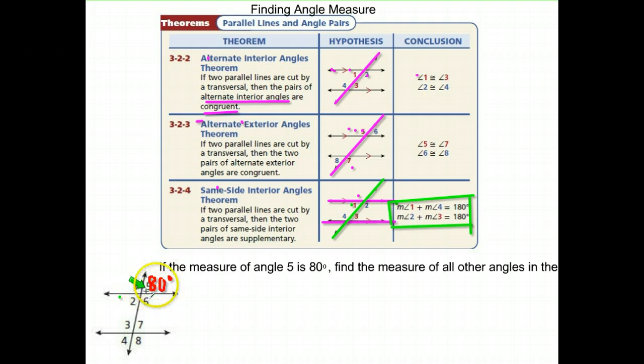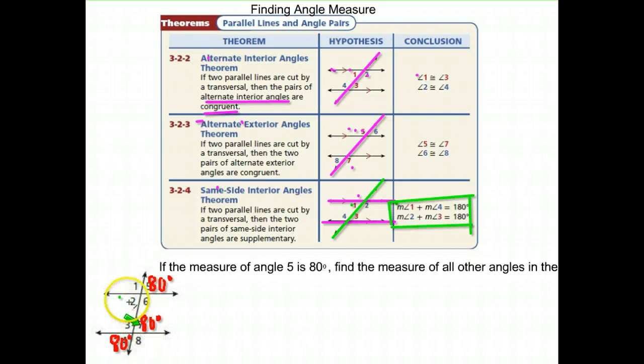Notice this 80-degree angle up here. It should be congruent to this angle down here because they're alternate exterior angles. It should also be congruent to angle 7 because those are a pair of corresponding angles. And in our previous section, we talked about corresponding angles are congruent. I know those are all 80 degrees.